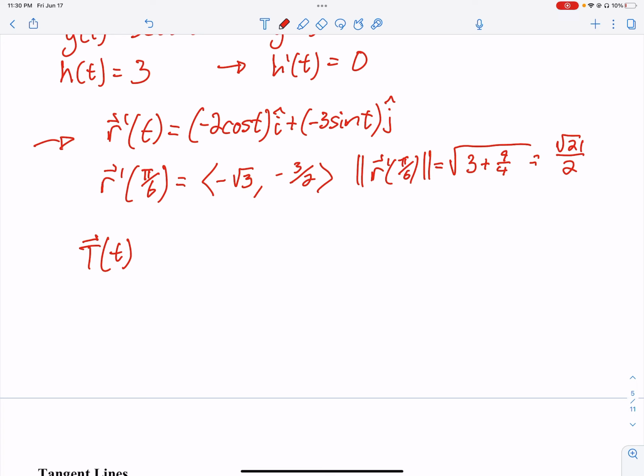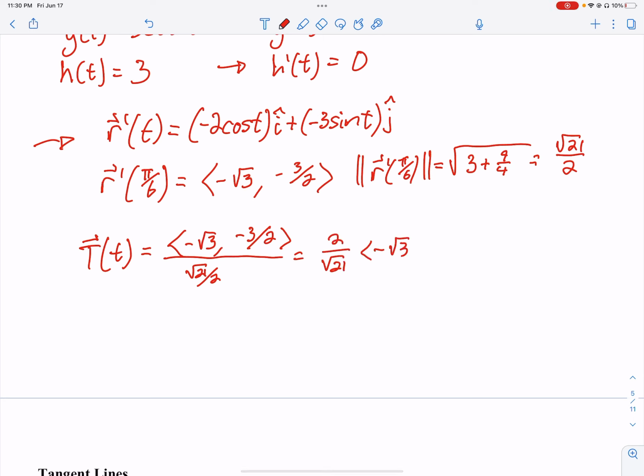All right, so finding that, I just divide. So we get the vector divided by radical 21 over 2. So this is 2 over rad 21. And I know a lot of you guys are extremely used to rationalizing.